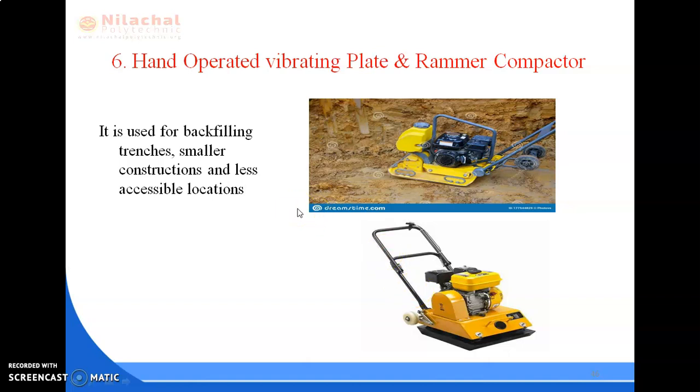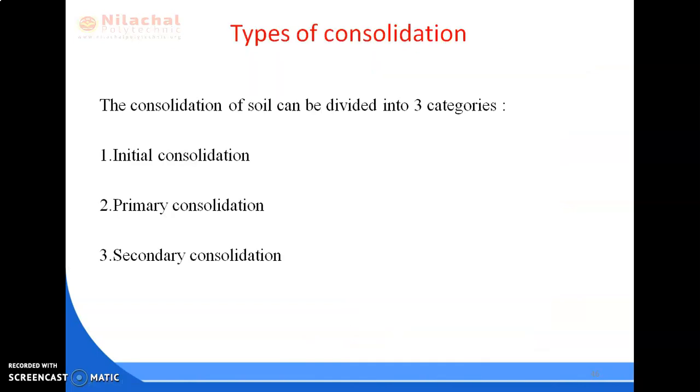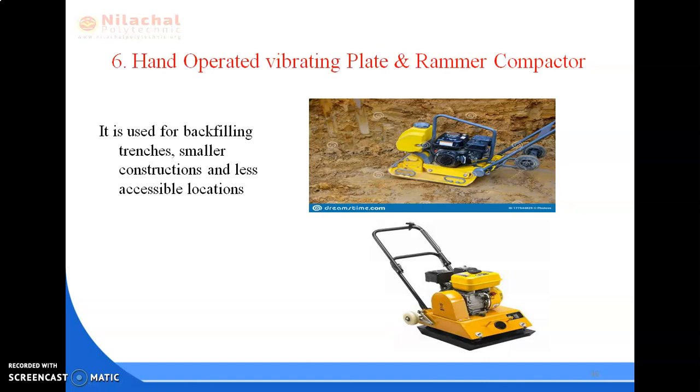It is used for backfilling trenches, smaller construction work and less accessible locations, as it compacts a very small area of soil. So these are the basic equipments which are used for compaction of soil.